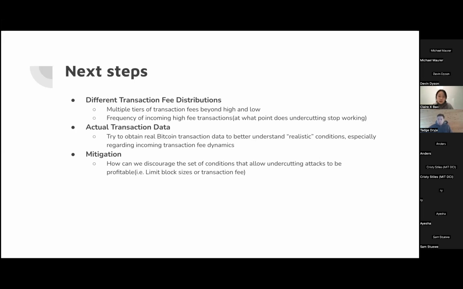And finally, we'd like to continue investigating ways to mitigate the effects of these attacks. For example, how can we discourage the set of conditions that we found that allow undercutting attacks to be profitable? Maybe by limiting block size to a certain percentage or a certain number, or somehow encouraging a certain high fee or fee gradient transaction dynamic that is the most conducive to keeping undercutting attacks from being effective.